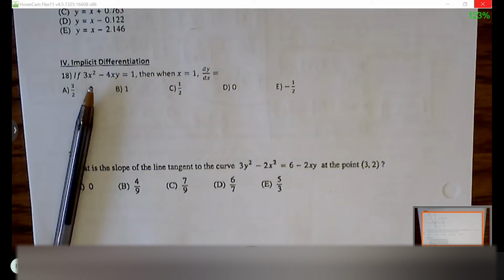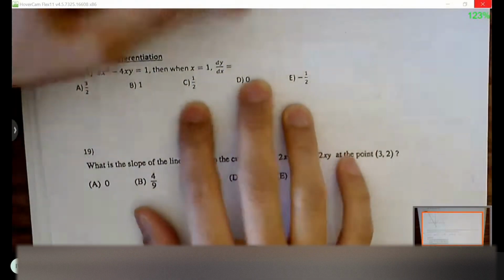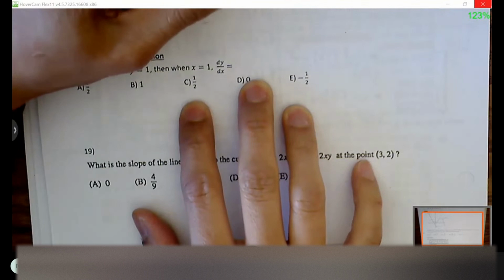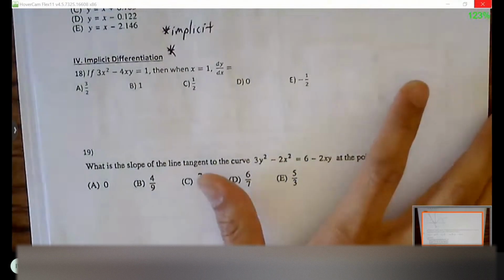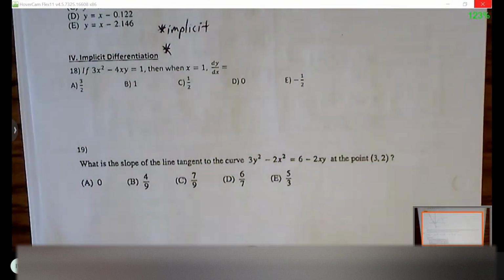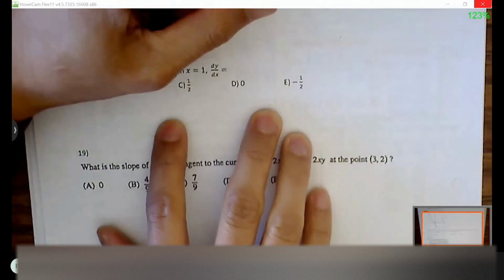All right, we know we have to involve implicit because we have y's kind of mixed into the equation. It's not just y equals on one side and everything else on the other. So we definitely know implicit is involved here. What else do you see we have to use? Good, product rule. You see x and y are being multiplied together, so we have to involve product rule as well.